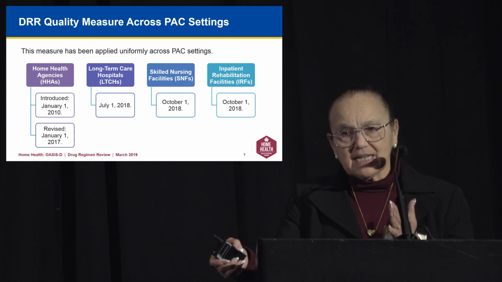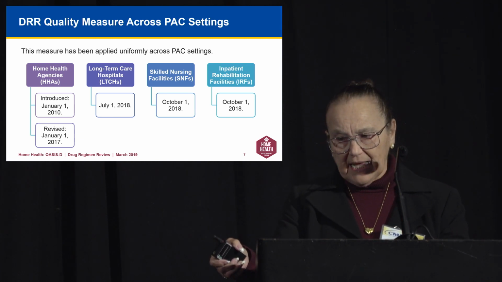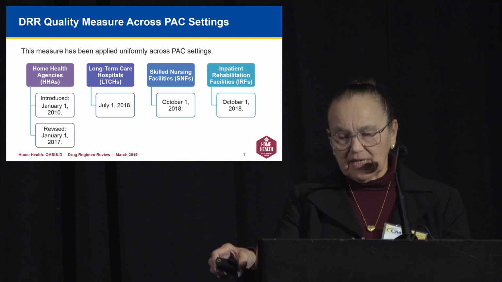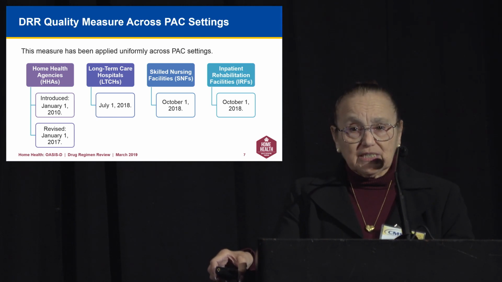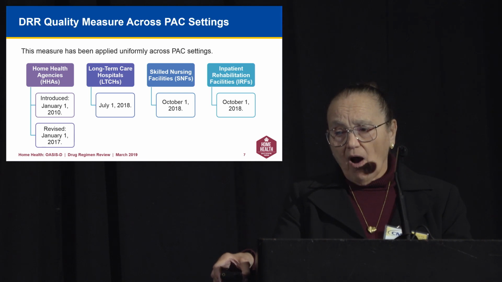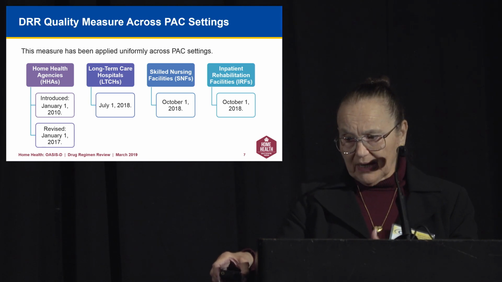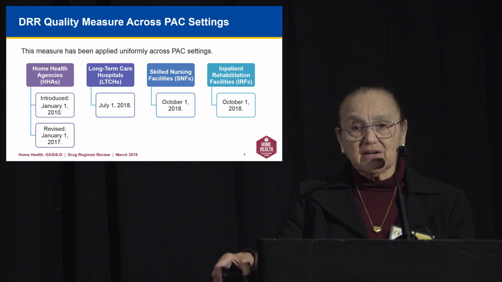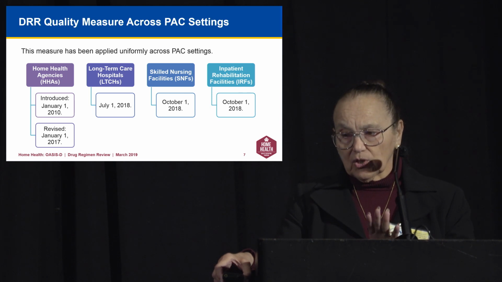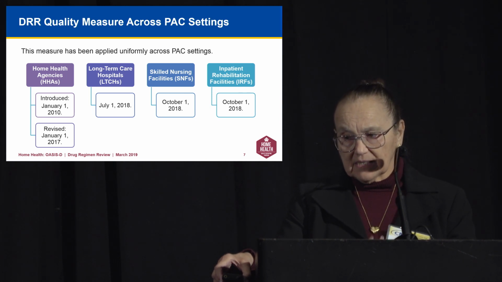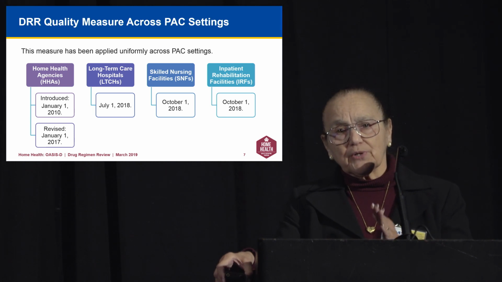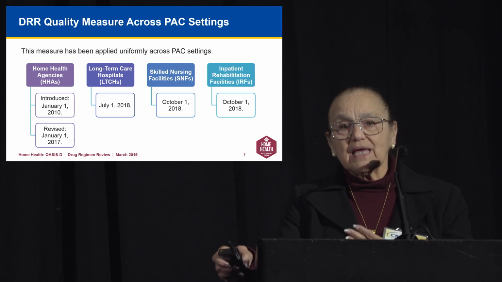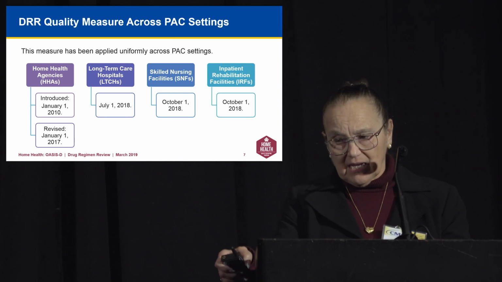This measure is now across the PAC settings, and the dates for the implementation, and for us, our most recent revision in January of 17, are here, so that you can see last year in 2018, long-term care hospitals, SNFs, and IRFs had to acquire this measure and implement it, while we had to just deal this time with the revisions.